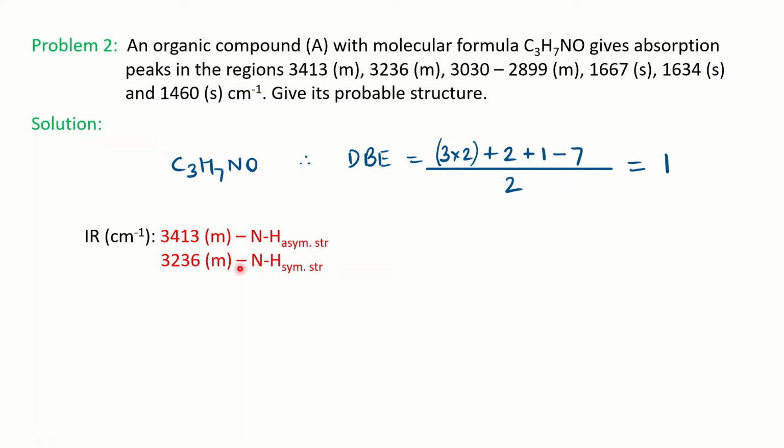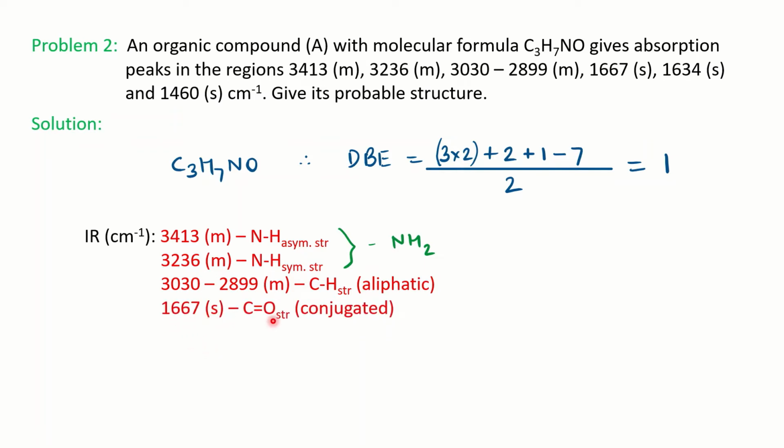So you have a moderate peak for NH. So you can say it is an NH2 group instead of OH, because OH gives you a broad peak as compared to the NH peak. Then you have this range 3030 to 2899, which says that you have an aliphatic CH stretching in this particular range.